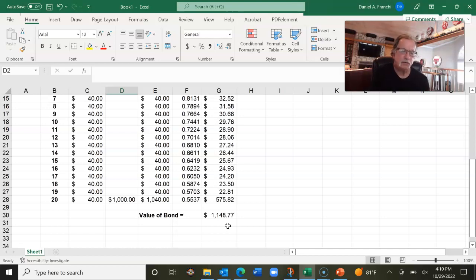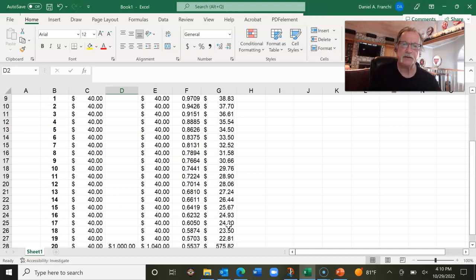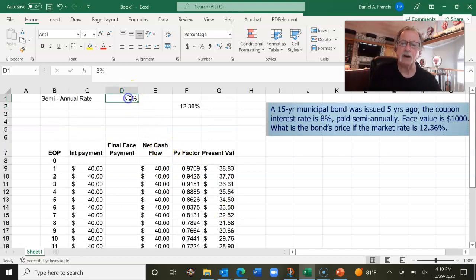You would rather own a bond paying 6%, if that's today's rate, than a bond paying 3%, if that's what it was a year ago. So it's counterintuitive. Rates go up, bond values go down. Rates go down, bond values go up.